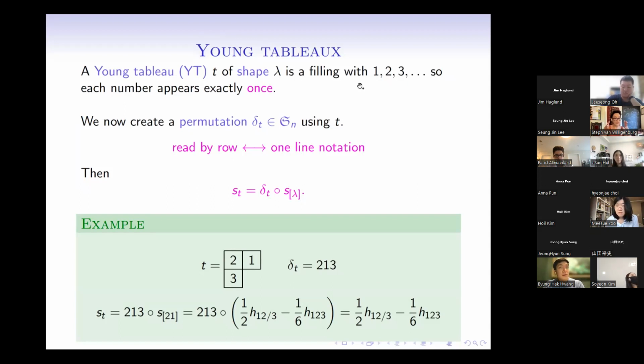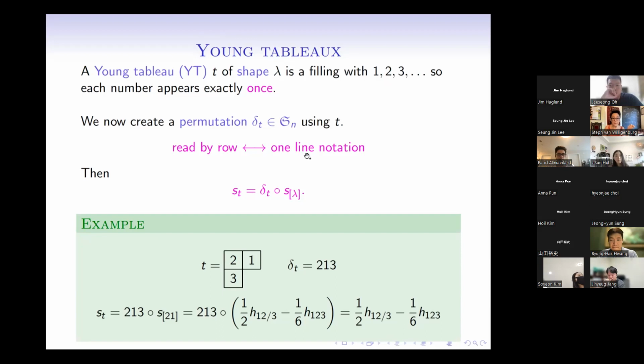We're just going to take our tableau, read the entries by row, and that'll give me a permutation in one line notation. So we'll do an example in a second, but the final thing we need to remember is we're now going to find a new function St, which is just going to be this permutation delta t acting on the appropriate source Schur function.